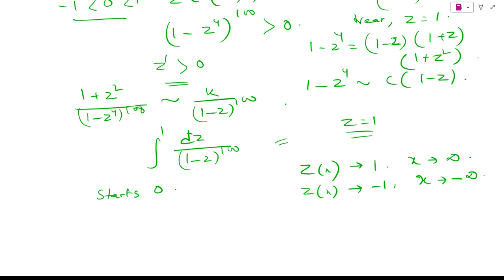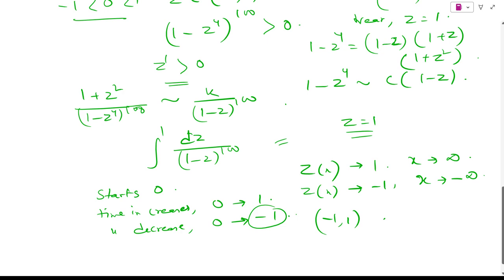As time increases, it goes from 0 toward 1, but never touches 1. And as time decreases, it goes from 0 toward minus 1, but never touches minus 1. Hence the range of the solution is exactly (minus 1, 1).